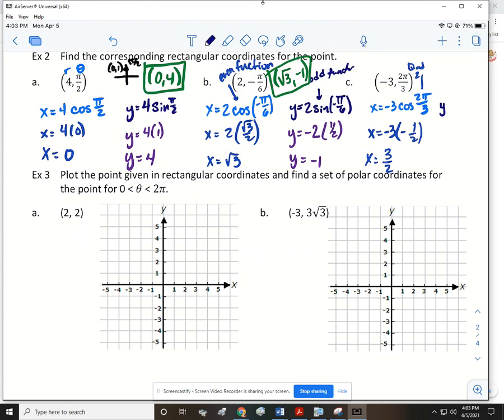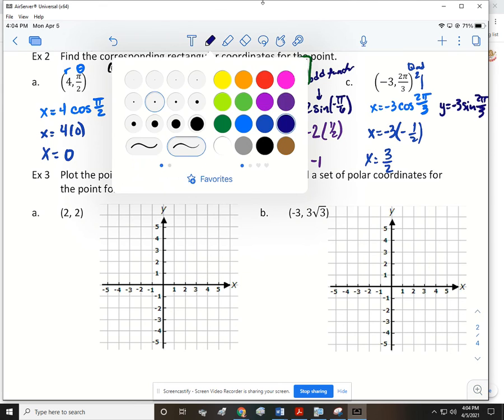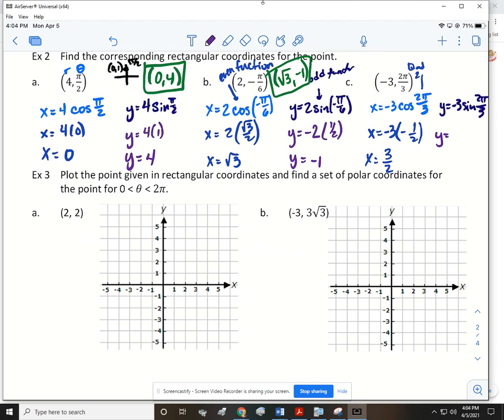And then the y. All right, sine is positive in quadrant 2, and so we'll do the square root of the bottom over 2. So our y coordinate is -3 square root of 3 over 2.